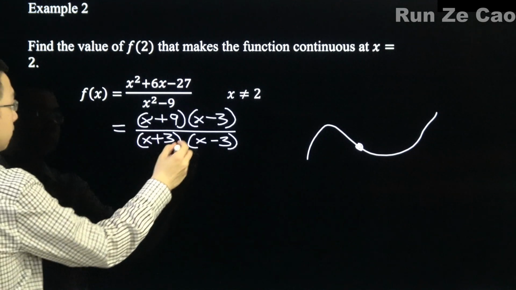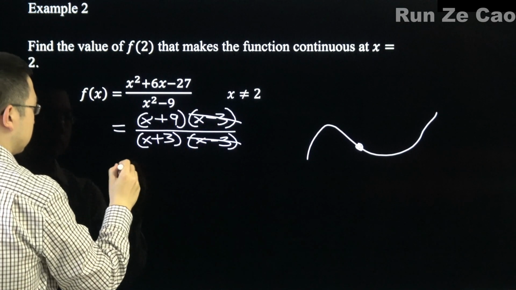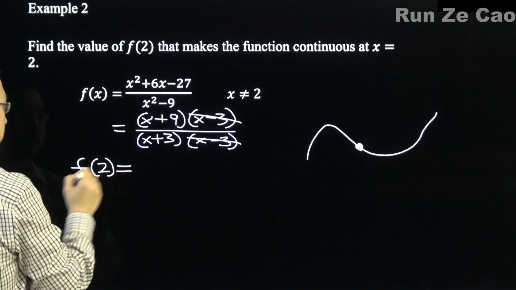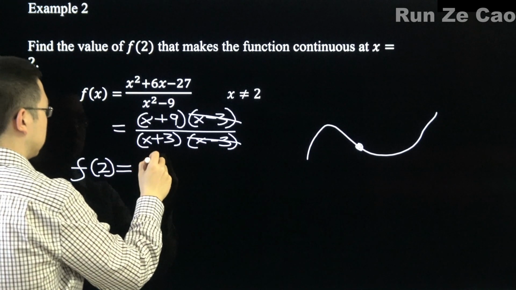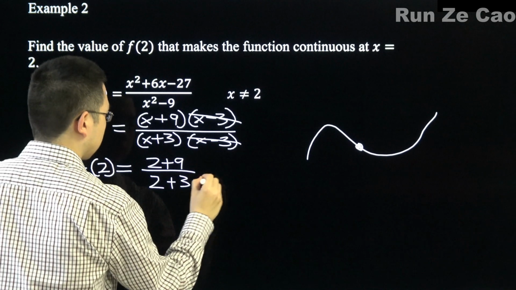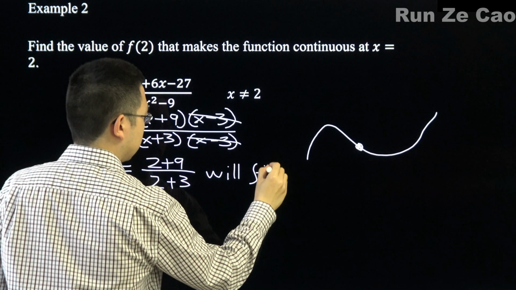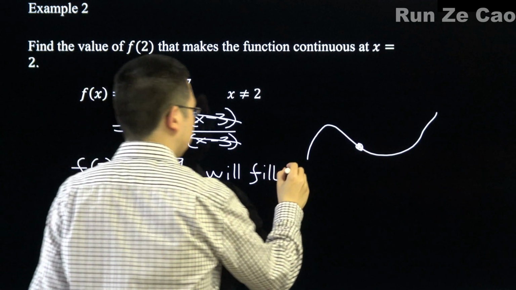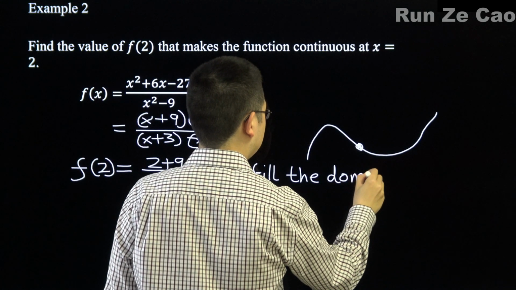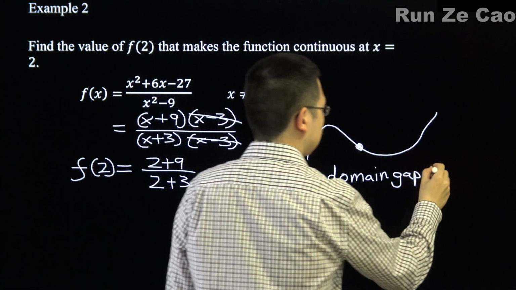So, this is equal to, well, f of 2 is equal to 2 plus 9 over 2 plus 3, will fill the domain gap specified.